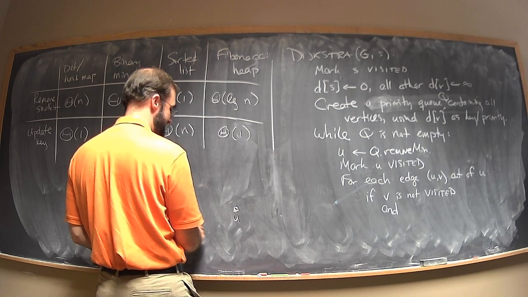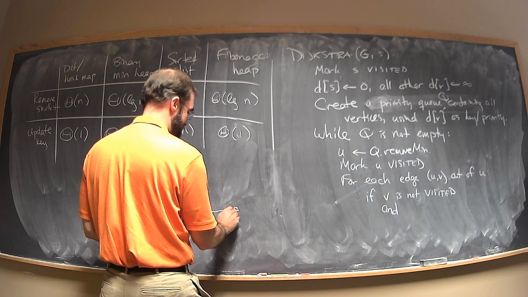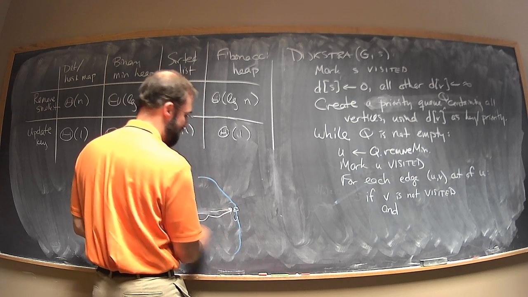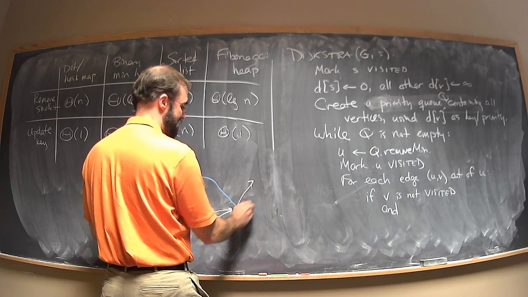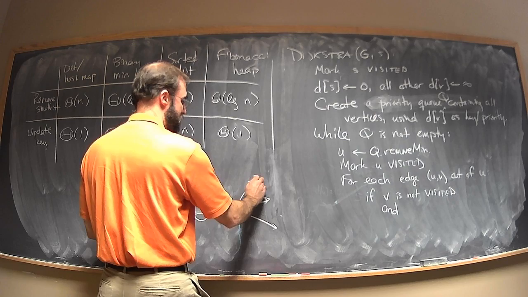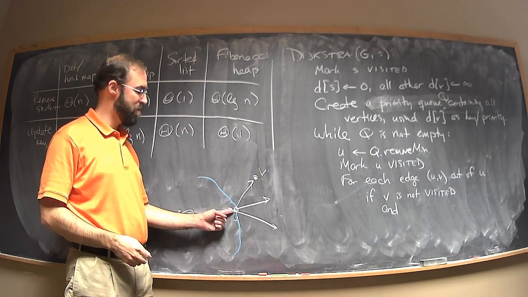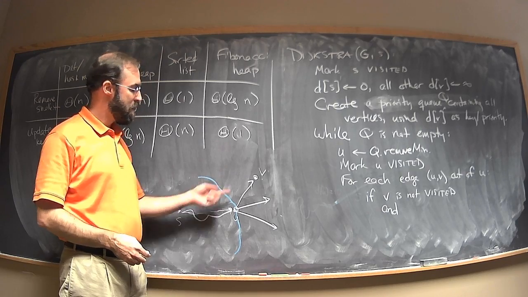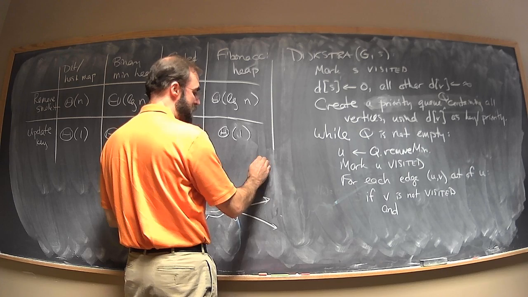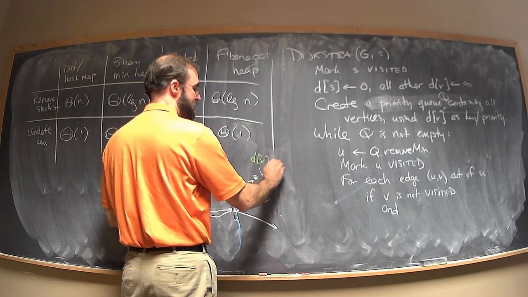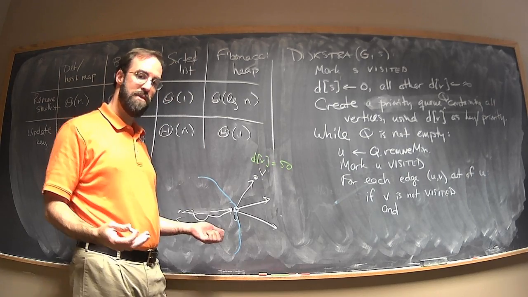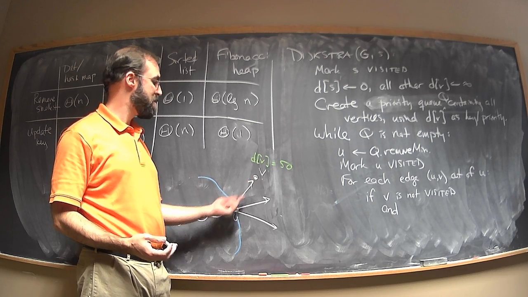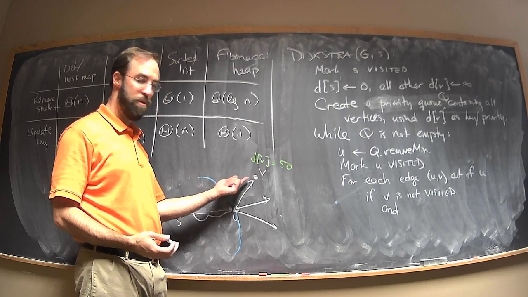So here's our S. Here's our U. So the water has kind of just reached U, and now we're looking at V. So this is our U that we picked, and the water just reached there, and now we're going to look at all its neighbors, because this is the scenario where maybe the shortest distance we knew of to V was 50, but now that we are here at U, we might discover that actually there's a shorter way to get to V if we go through U. That's what we're trying to do right now.